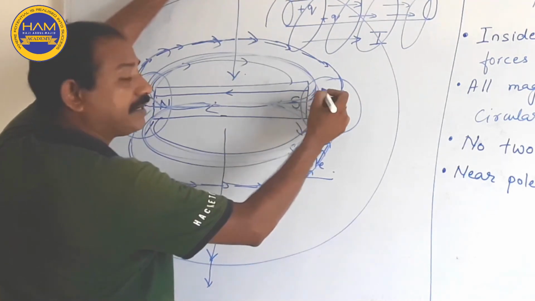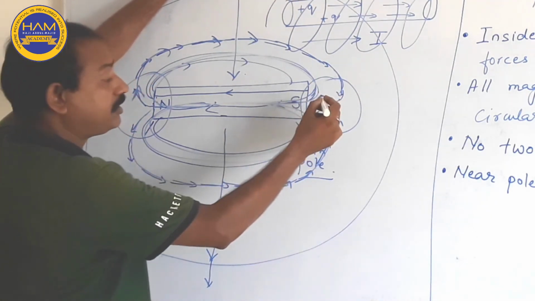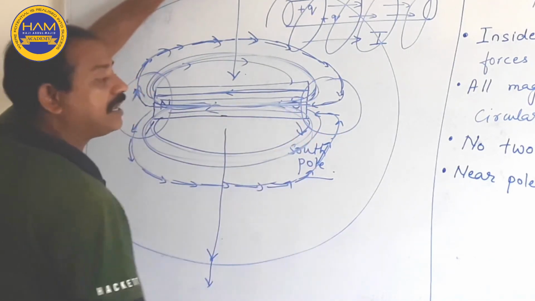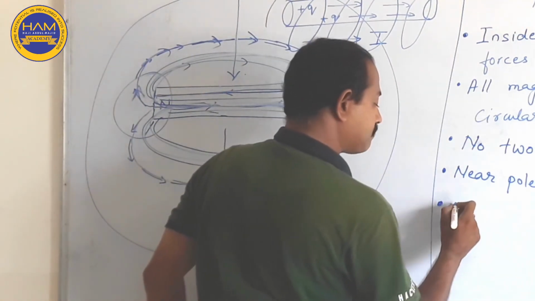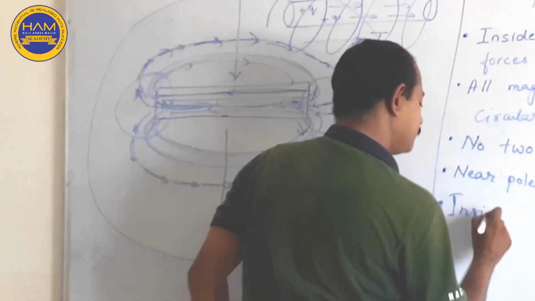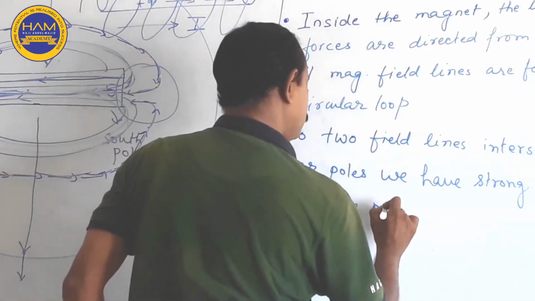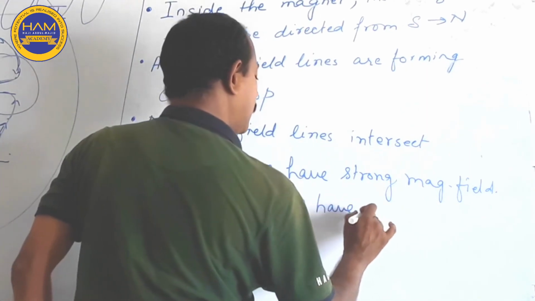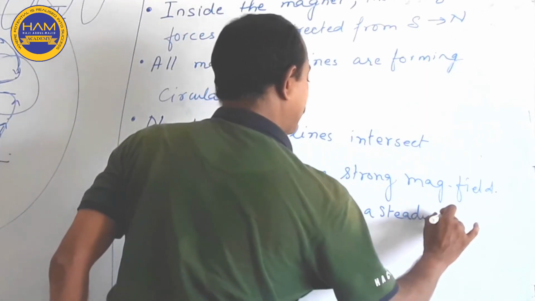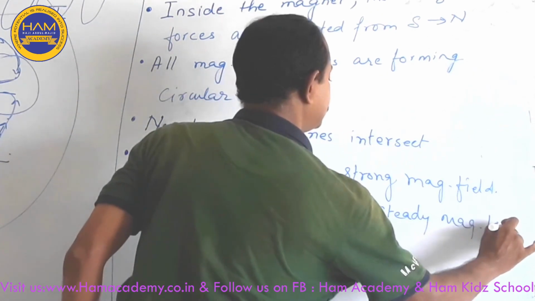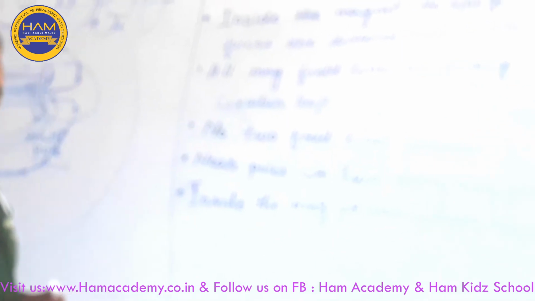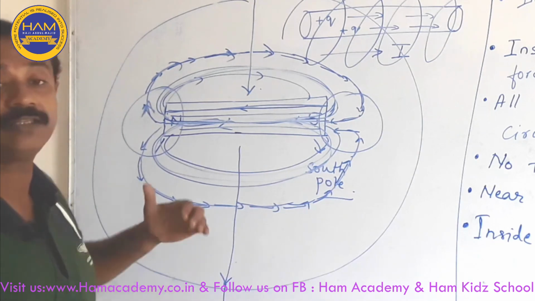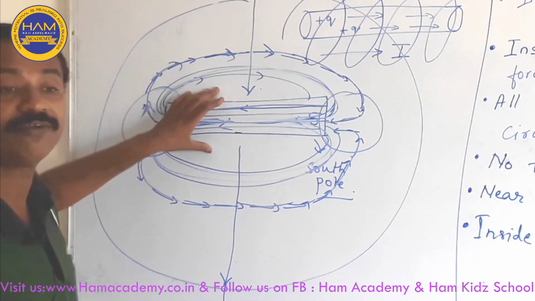Here outside we have magnetic field lines coming and going with different kinds of strength, but inside the magnet we see these are parallel lines. So another point is, inside the magnet we have a steady magnetic field. That means if we can use this magnetic field, definitely we will be using it in various devices, because it is offering a very steady magnetic field.